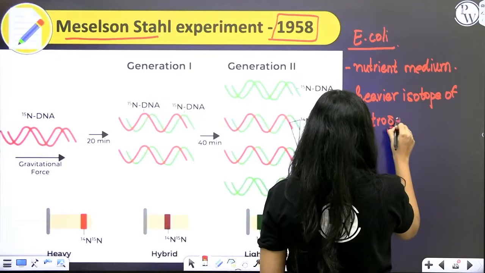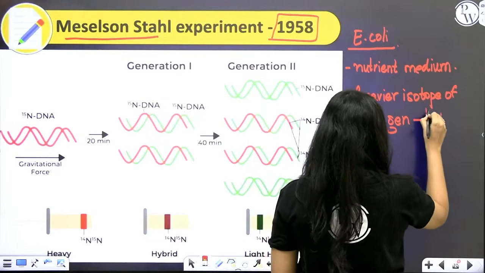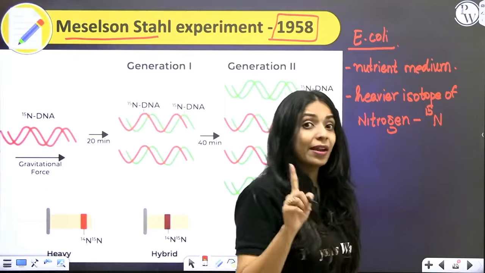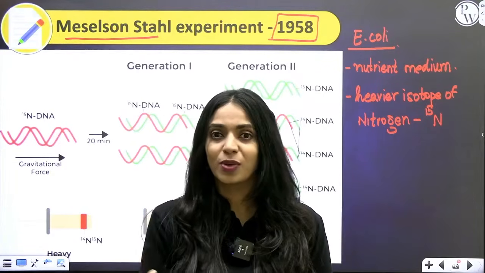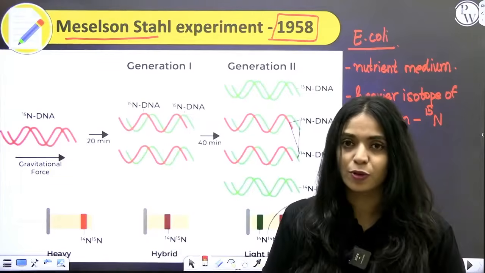Normal nitrogen is N14. They added N15. Remember, N15 is not a radioactive isotope, it's just a heavier isotope that you can distinguish in density gradient centrifugation.